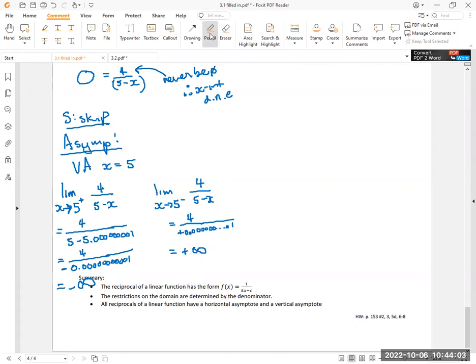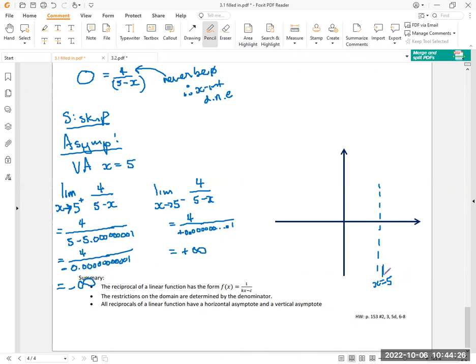As a graph, what does that mean? It means I have a vertical asymptote at 5. And if I am on the right side of the asymptote, it is negative.